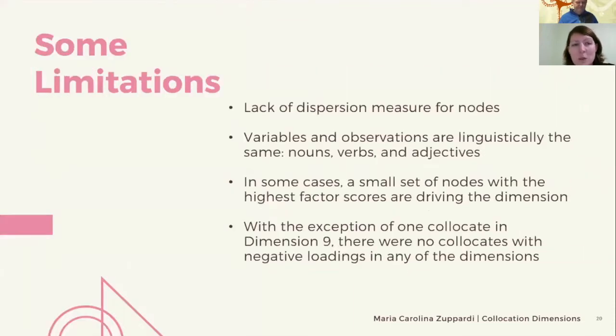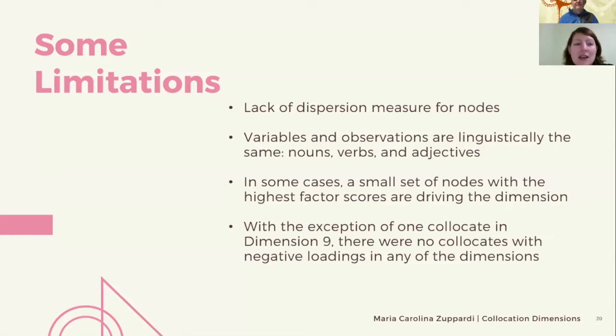Of course, there were some limitations. So lack of dispersion measure for nodes is one. It could be that all of this is just because of my node selection, but hopefully not. And also the variables. This is something interesting because for factor analysis, it's very highly unusual to have variables and observations be the same.